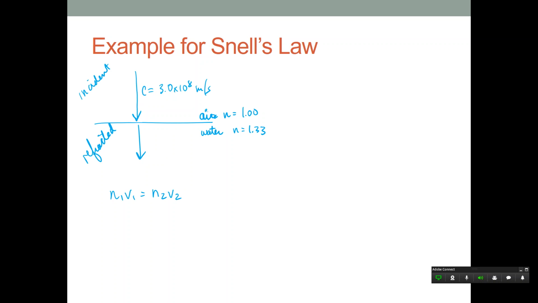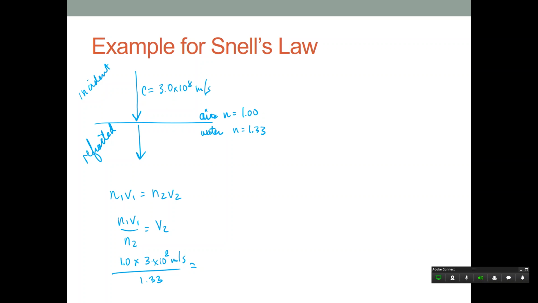So we have N1 v1 over N2, which gives us 1.0 times 3 times 10 to the 8 meters per second divided by 1.33.